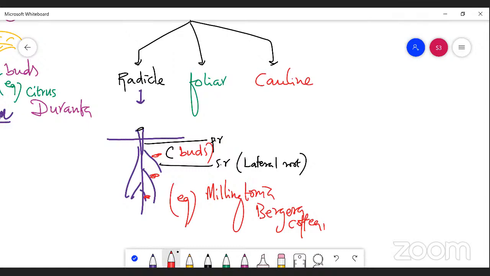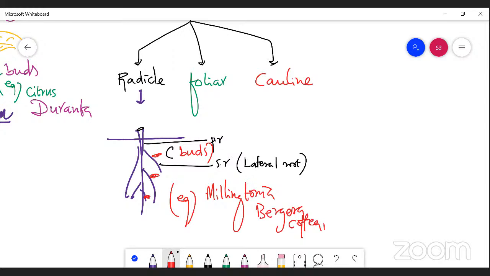I repeat once again, the bud which arises from the lateral growth of the root in the case of Millingtonia. Because this origin is entirely different, it's an abnormal condition, hence it is classified under adventitious bud. Generally a bud must originate either from the terminal part or lateral part of the stem.